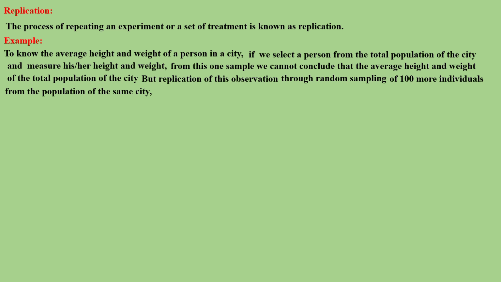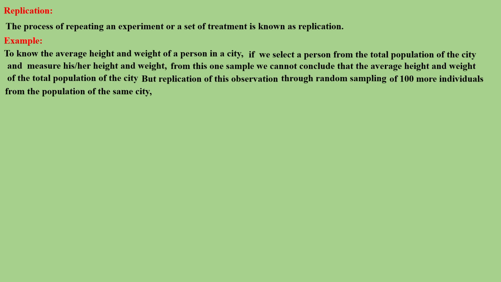You can measure the height and weight of each person and take the average. Then you can get almost the absolute maximum, near the absolute average height and weight of the persons living in your street.